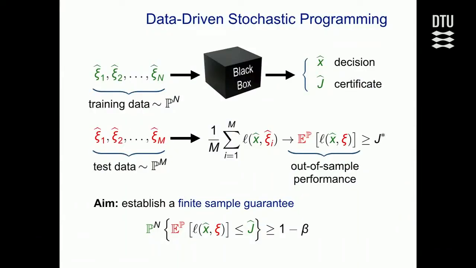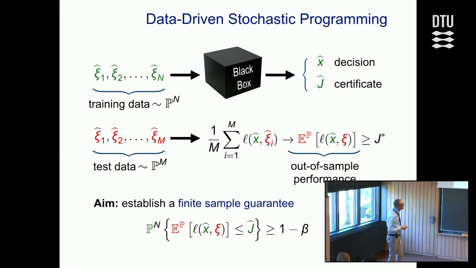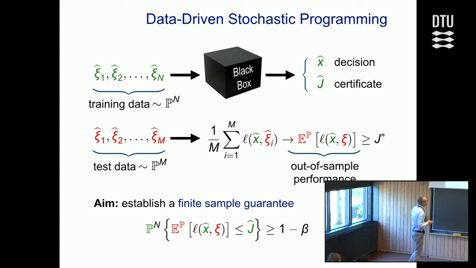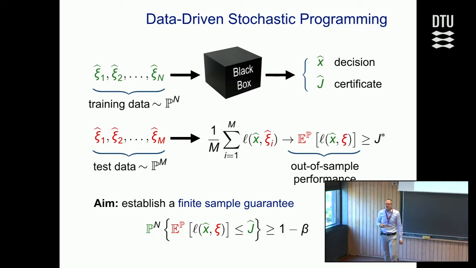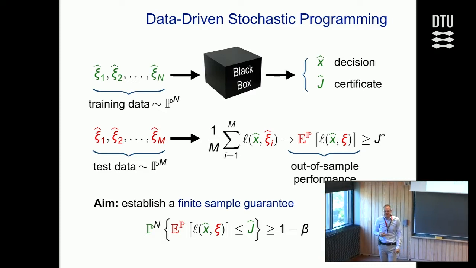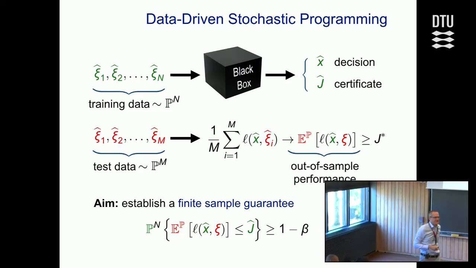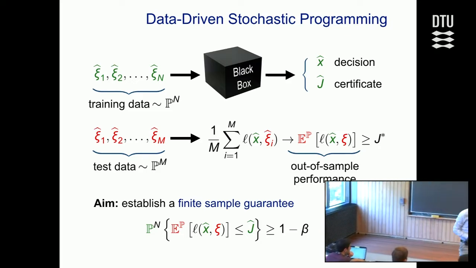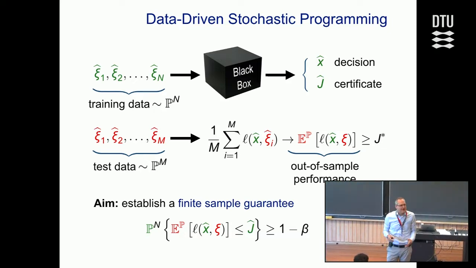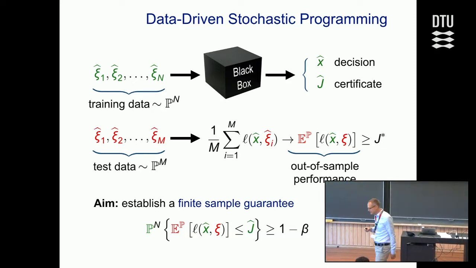So ideally, we would like to construct a certificate J hat as a function of the training samples in such a way that we can guarantee that the out-of-sample performance of our decision X hat is smaller or equal to the certificate J hat with high probability 1 minus beta. You should think of beta here as a very small number. You can think of this as a significance level. So 1 minus beta would be a confidence level.